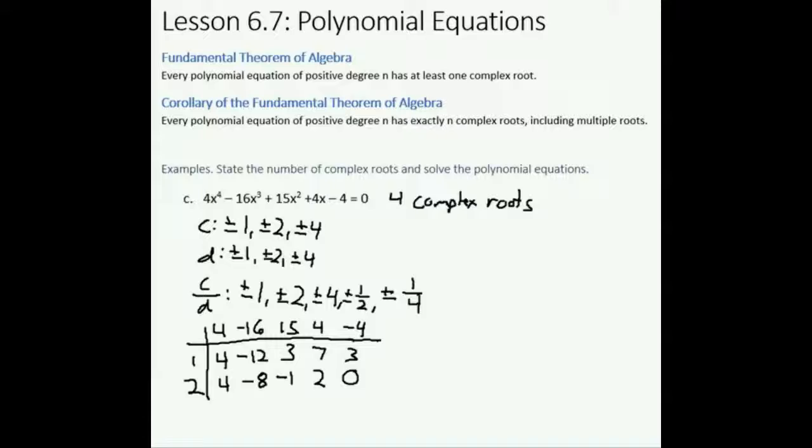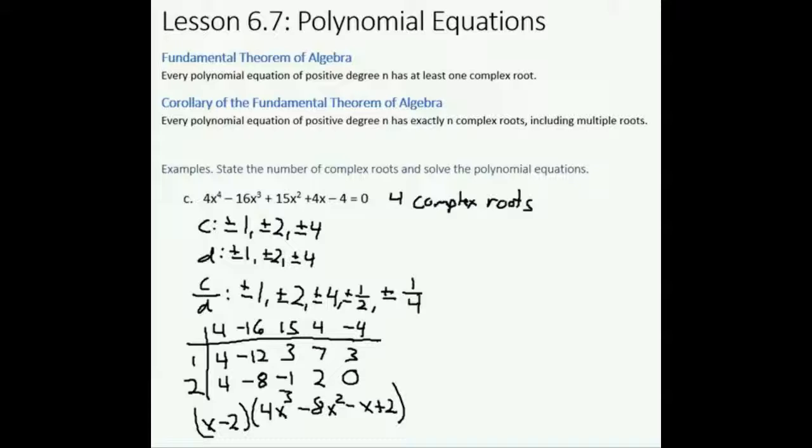So x minus 2 is one of our factors, and we're left with this polynomial. Now, what I want to teach you here, we're going from an x to the fourth down to an x cubed minus x plus 2.